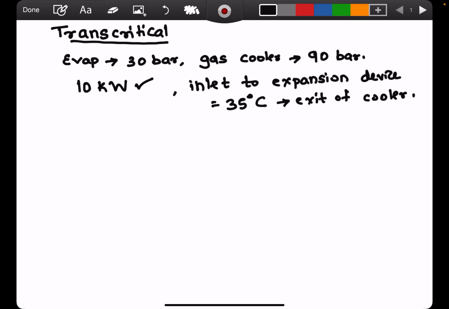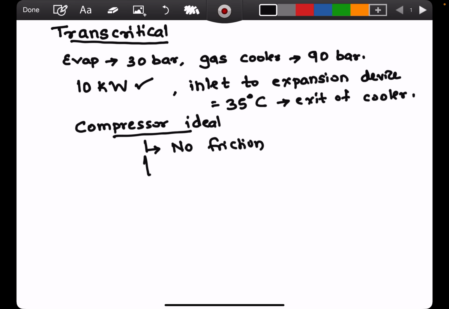Normally, when you do such analysis, we assume that the compressor is ideal. When the compressor is ideal, it does not have any friction and there is perfect insulation. If the compression is ideal, then you know that the property of entropy does not change. So entropy remains constant.